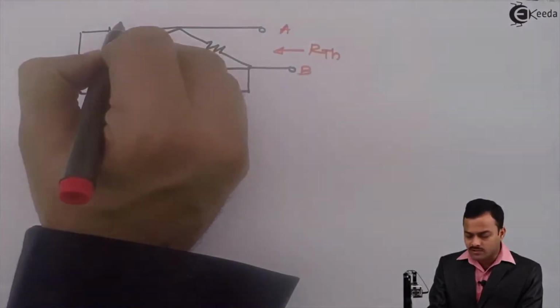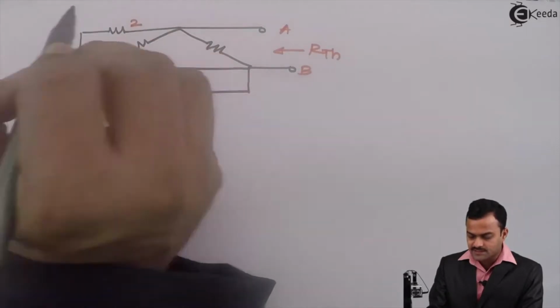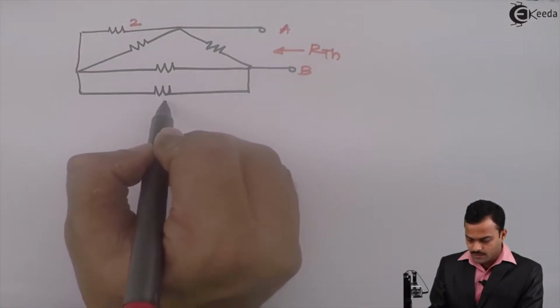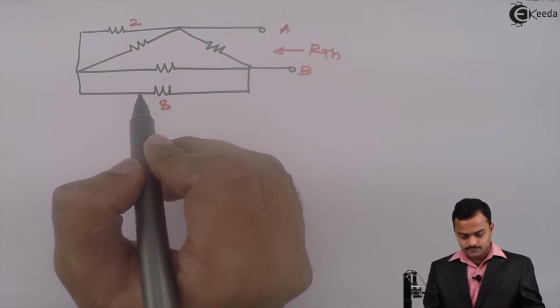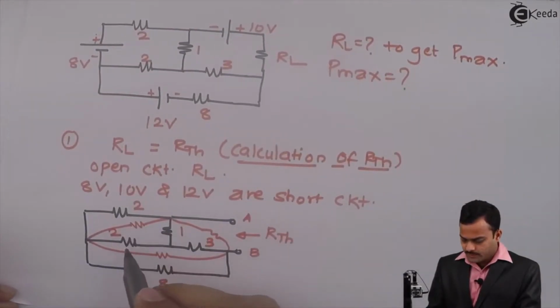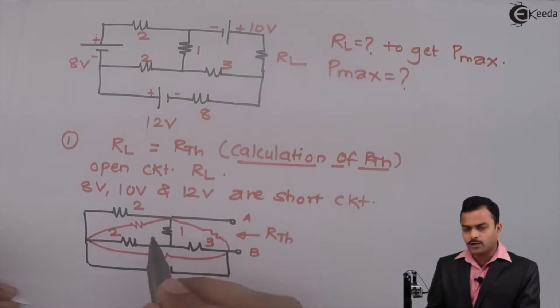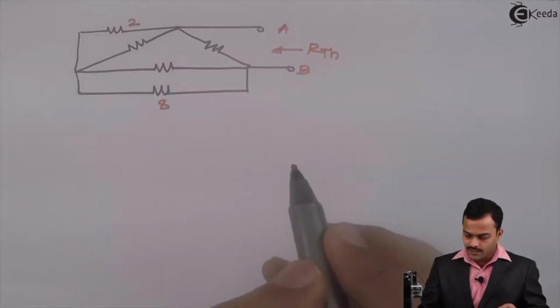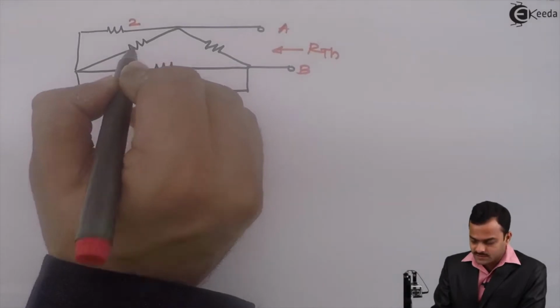The resistances which are not touched, I am first representing, that is 2 ohm and 8 ohm. Now, this is the resistance between 2 and 1 ohm. So I'll write here what will be the value of this.